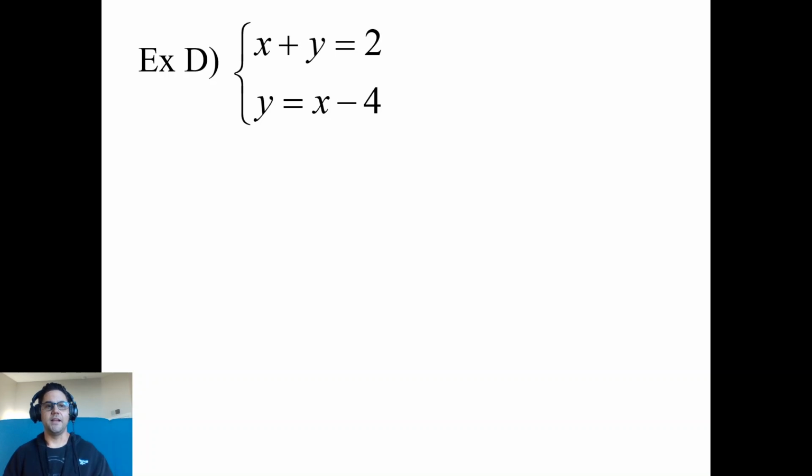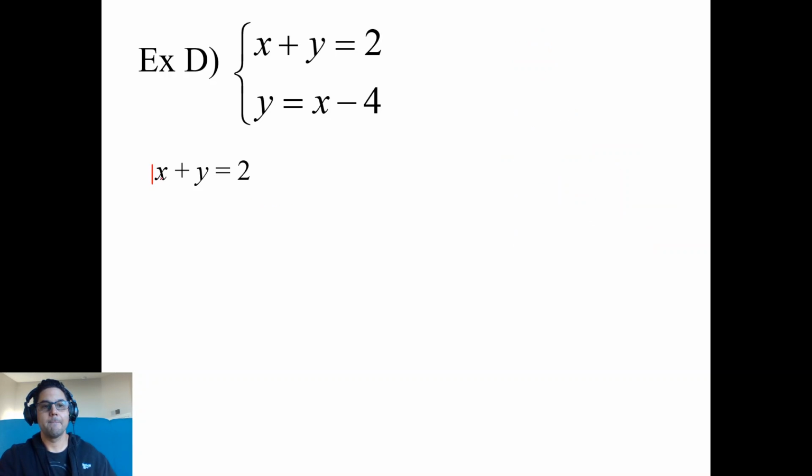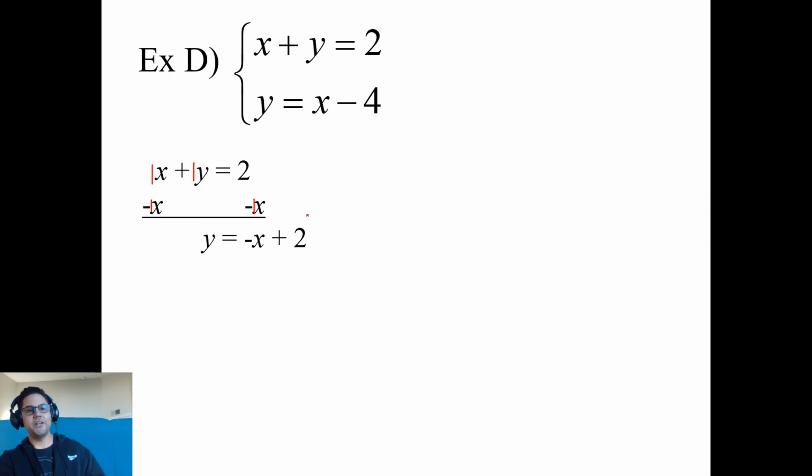All right, another one. First line looks pretty good. Second line looks excellent because if you notice, the second line is already y equals. So I really just need to rewrite my first line. Let's put some 1s in front. So I'm going to subtract 1x on both sides, but I really don't have to divide by 1 because 1y is just y.